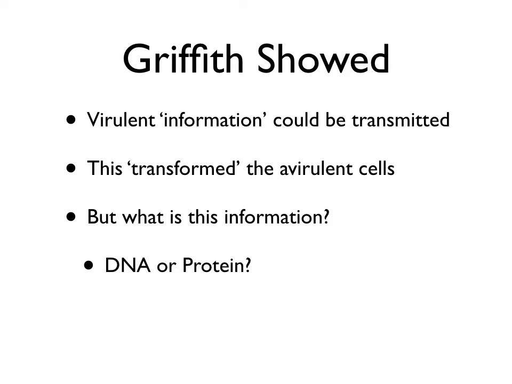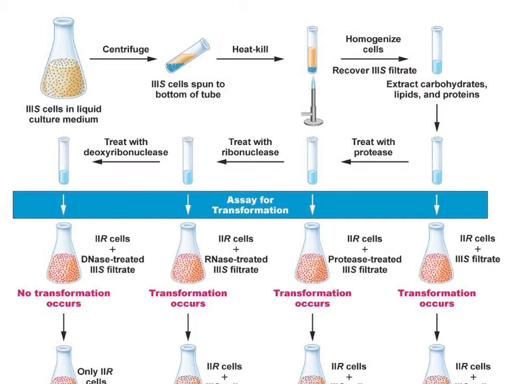They knew DNA existed. They knew RNA existed. All of these things had been documented and observed and somewhat characterized, but they didn't know exactly what DNA looks like. They didn't know exactly what was in DNA, and they didn't know how any of these things could potentially carry information that could be passed from one generation to the next, or one cell to the next. And so it was later experiments that clarified this.